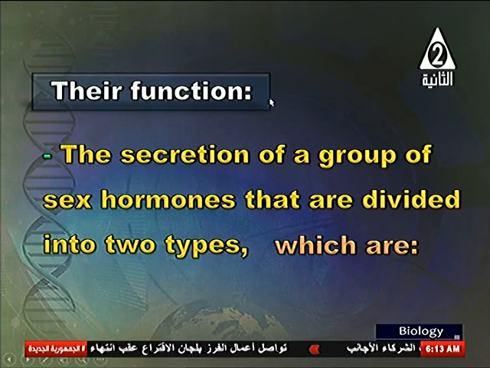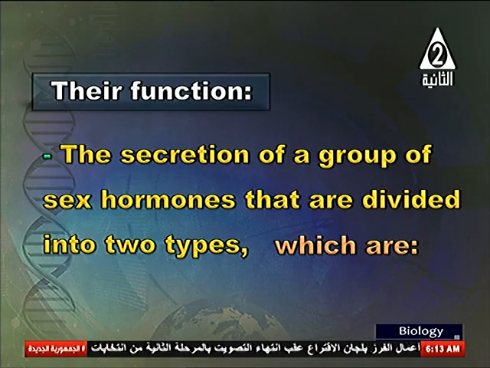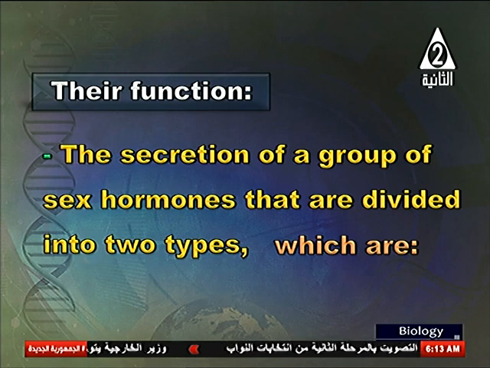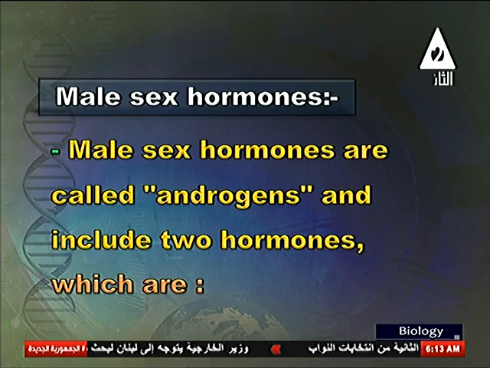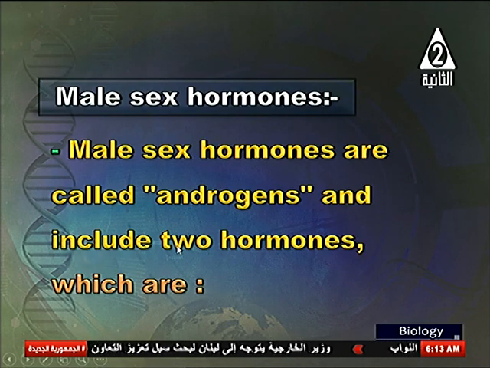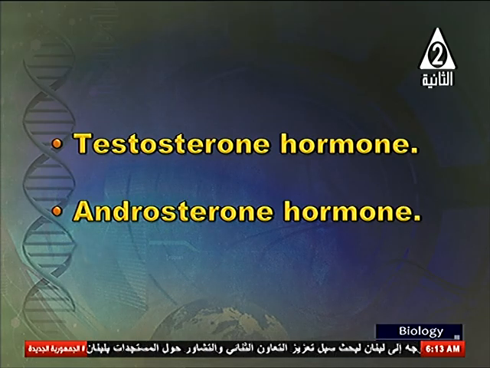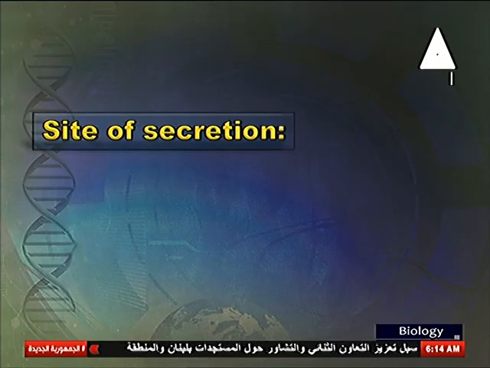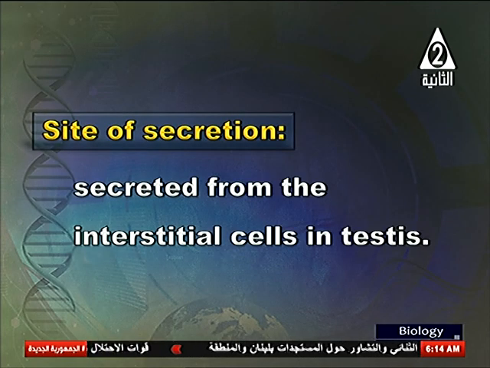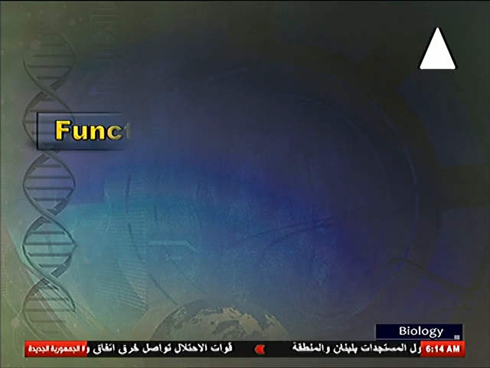Gonads secrete two types of hormones, male sex hormones and female sex hormones. Male sex hormones have a name called androgens, and they are two types: testosterone hormone and androsterone hormone. They are secreted from interstitial cells in the testes.